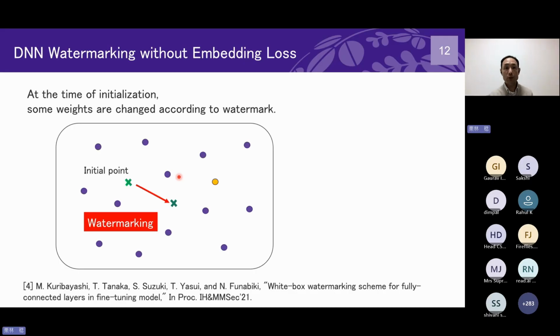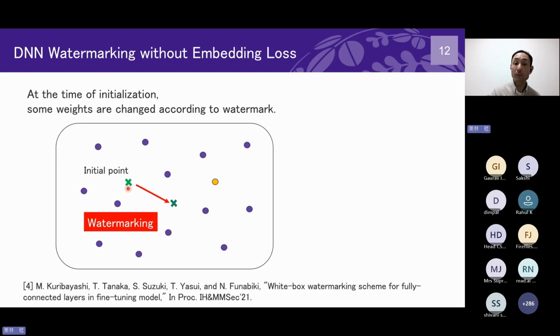Okay, and this slide also shows the other approach of DNN watermarking. It does not require the embedding loss function, the embedding cost function. So the embedding of the watermark can be regarded as a move of the initial point to another point.